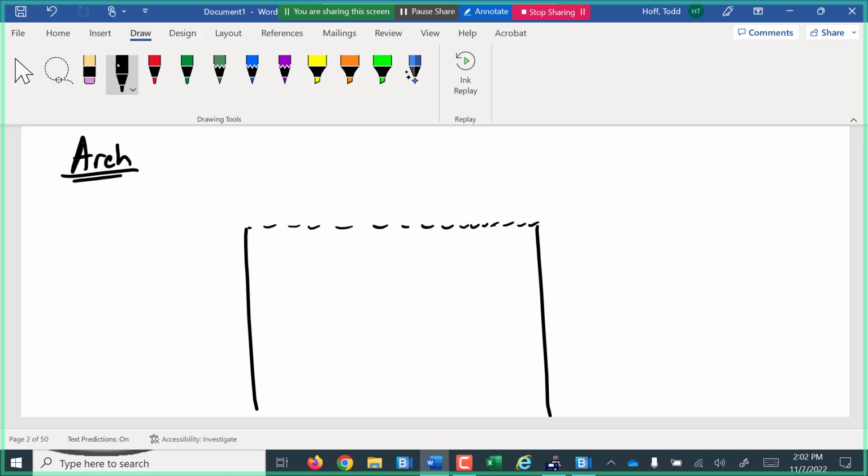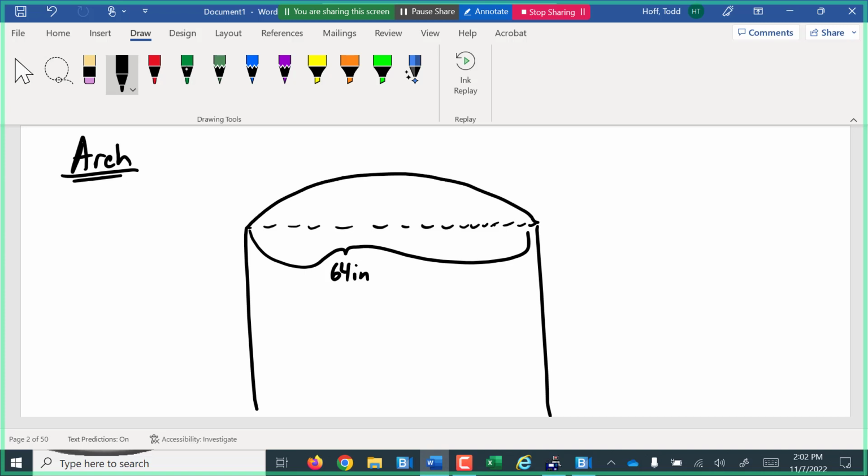And let's say that this is 64 inches across. And they want us to create an arch over the top of that doorway. Rather than having it cut off flat, they want there to be an arch there.